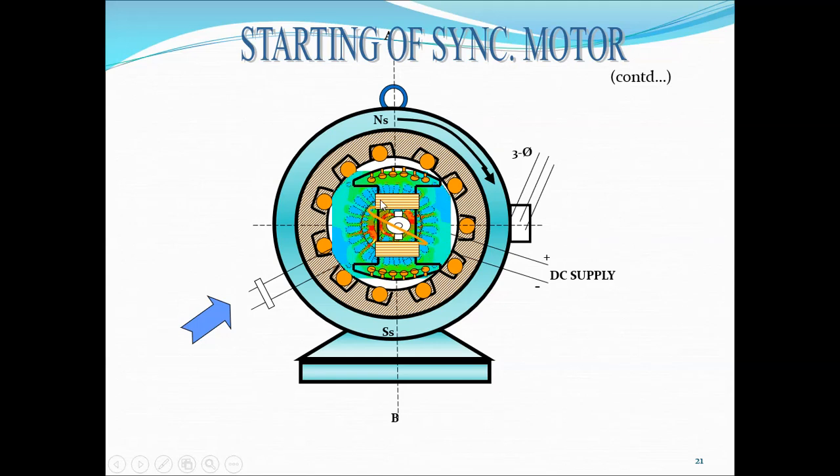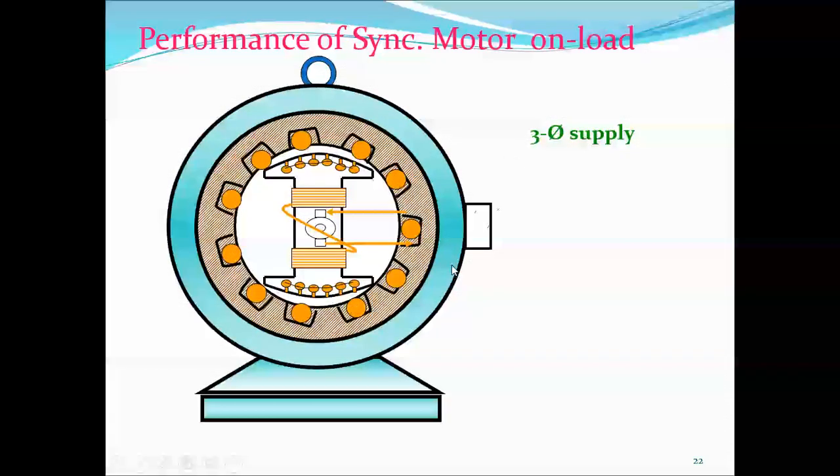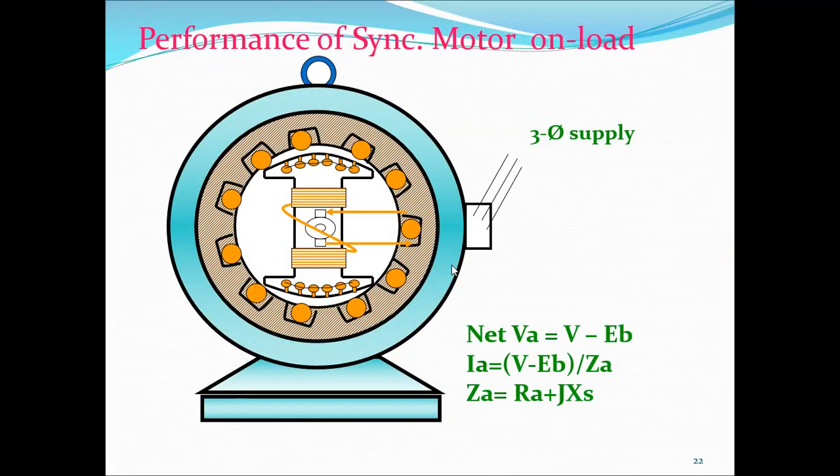On this rotor pole, we have the rotor winding, and this rotor winding is connected to DC supply. If you study this and observe the figure, you can clearly understand how the motor is working.